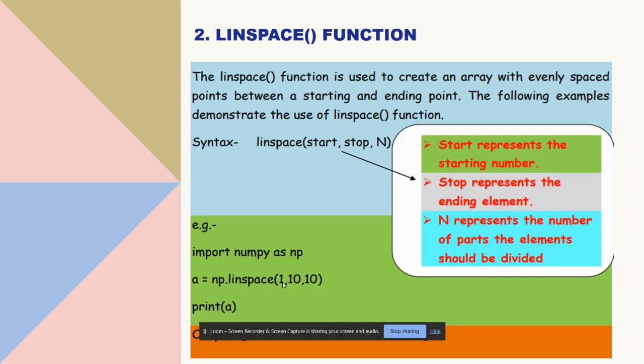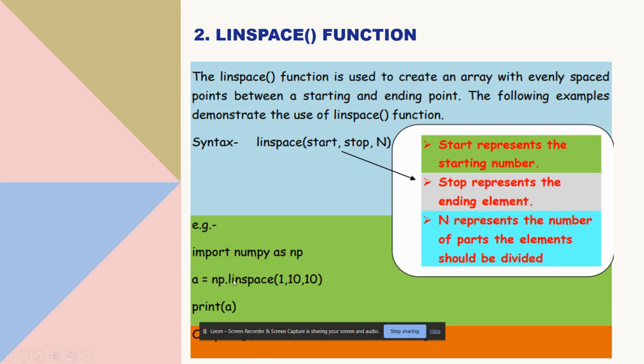Okay, next is the linspace function. Linspace takes start, stop, and num. Start represents the starting number, stop represents the ending element, and num represents the number of parts the range should be divided into.